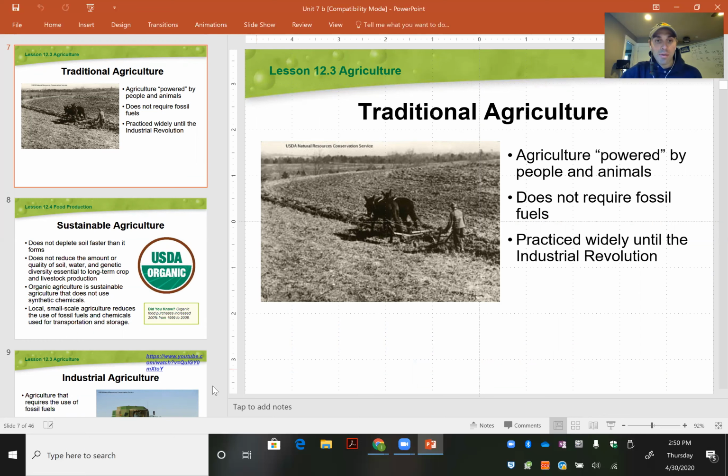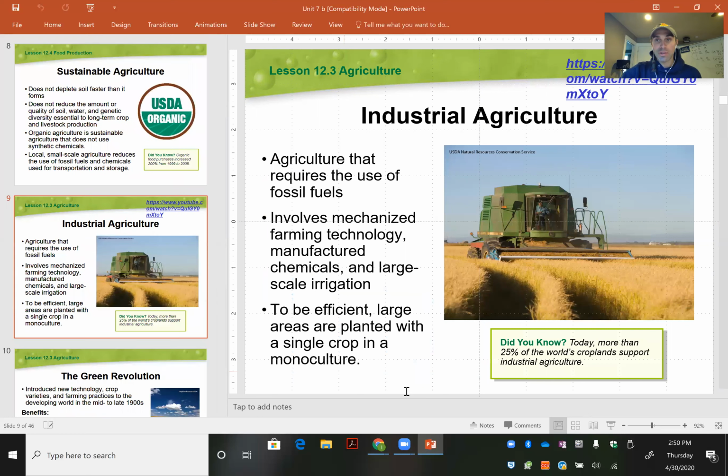Then all of a sudden, we go to industrialized agriculture, and now we have machinery. No more animals unless they're food, but no more animal work, right? We have machinery, mechanized farming. We have the use of fossil fuels. We have large farms with higher yields on smaller land, okay?